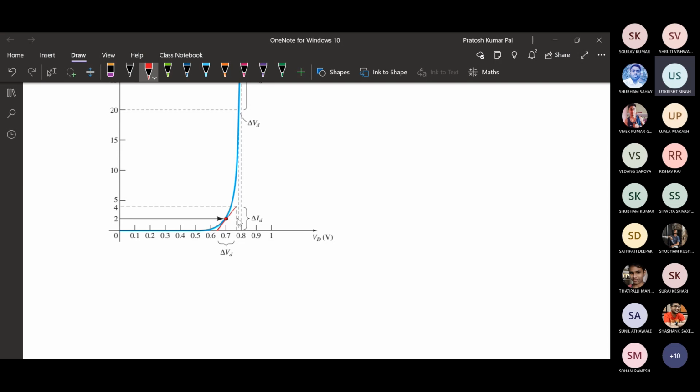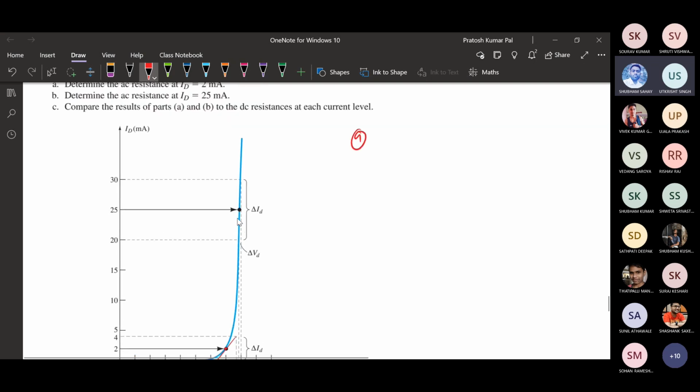Suppose at this 2 milliampere, we add a constant current of 2 and subtract 2, so it will be 4 milliampere and 0 milliampere.